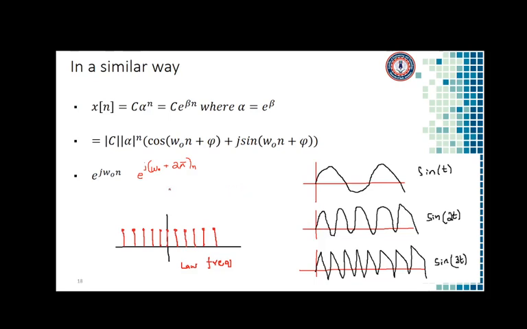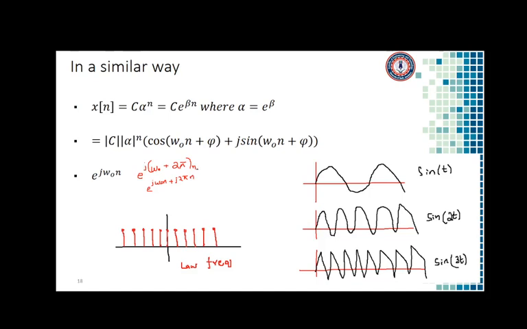So I can write e to power j omega naught plus j 2 pi n.